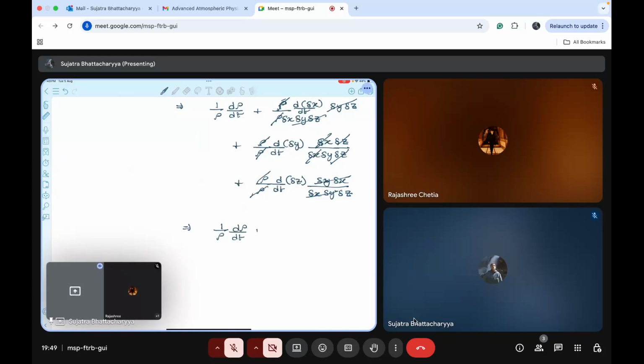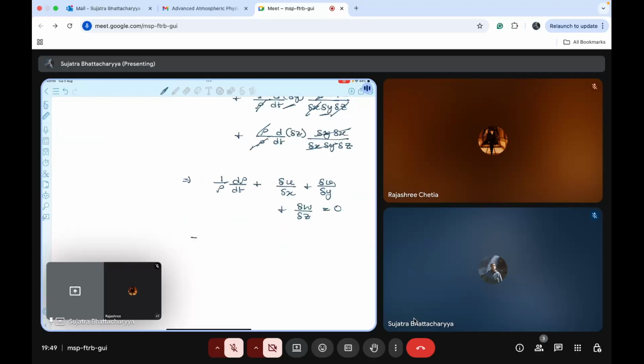Now what I do is that d delta x by delta t can be written as delta u by delta x, plus similarly here delta v by delta y, and finally delta w by delta z. Put that equal to 0. Take a limit and see delta x, delta y, delta z tending to 0.